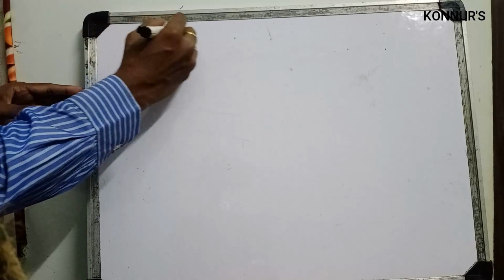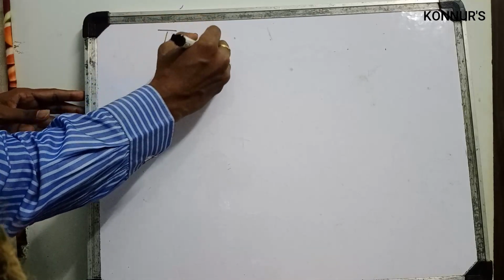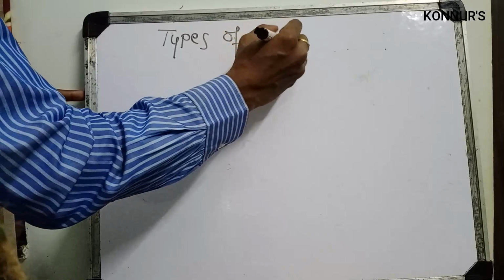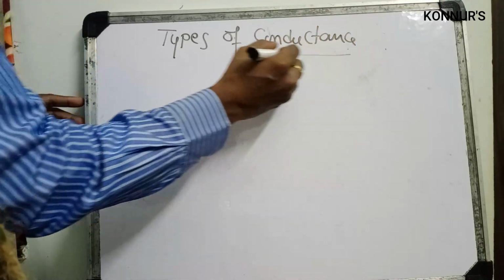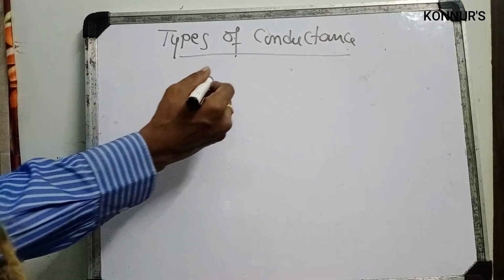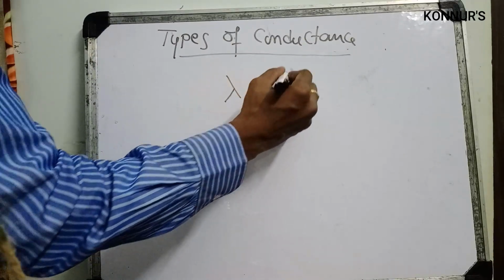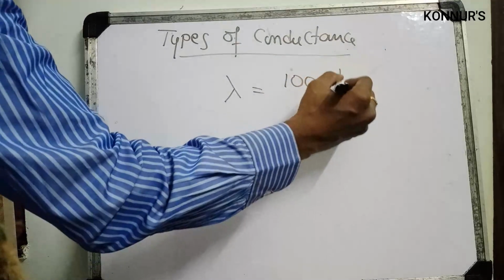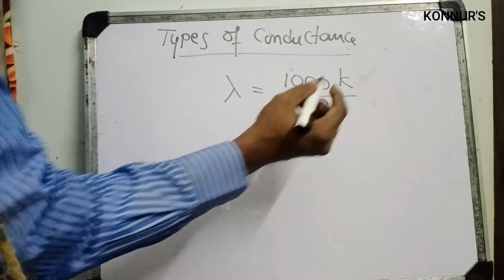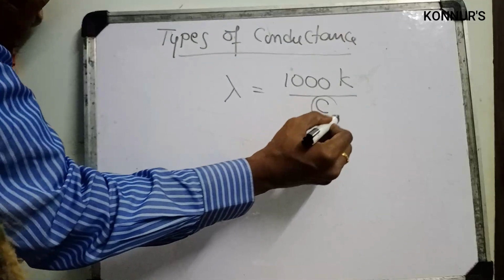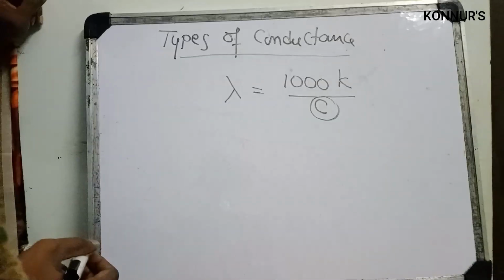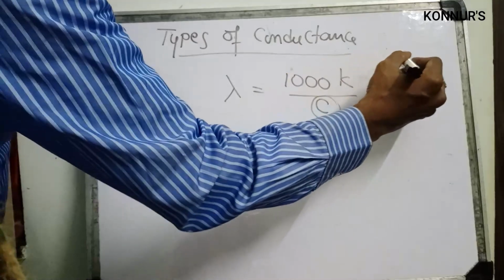Next we see types of conductance. We already know lambda equals 1000 K by C. Here, what is the variable? You must concentrate on the concentration. How is concentration expressed?